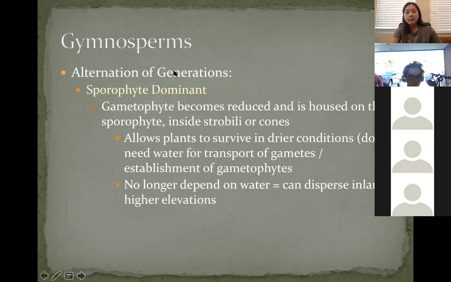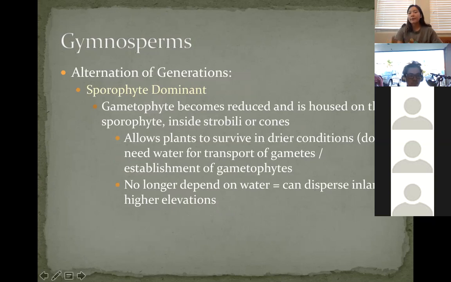Okay, so like I said, with gymnosperms, they are sporophyte dominant. The gametophyte is basically completely reduced and it's housed on the sporophyte, specifically inside the cones. So the gametophyte is really small. You're usually not really gonna see it because most of it is just sporophyte basically. But because the gametophyte is completely reduced, it allowed these plants to survive in drier conditions.